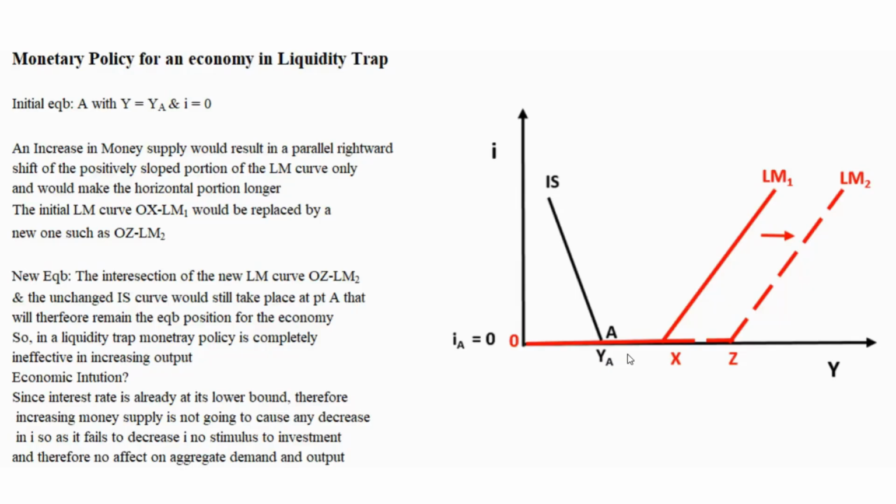Because the way monetary policy works is that money supply changes, that changes the interest rate, which changes investment, which changes demand, which changes output. But here, when money supply changes, because it's not changing the interest rate, that link in the monetary transmission mechanism is broken down. And since the interest rate does not fall, that does not stimulate investment demand and hence output. So monetary policy becomes completely ineffective in increasing output in the case of a liquidity trap.